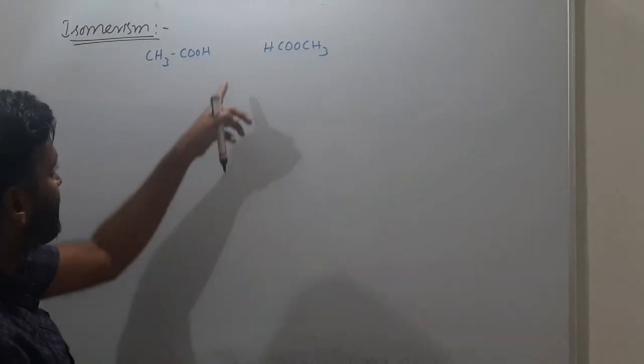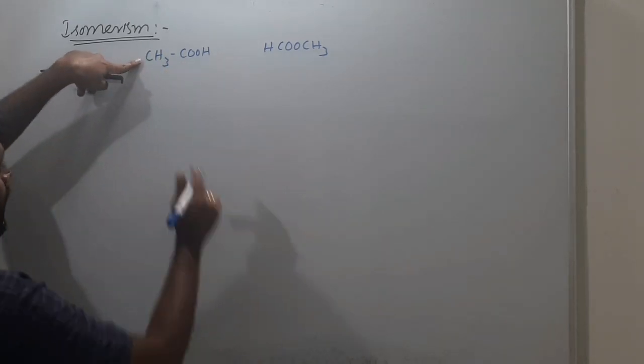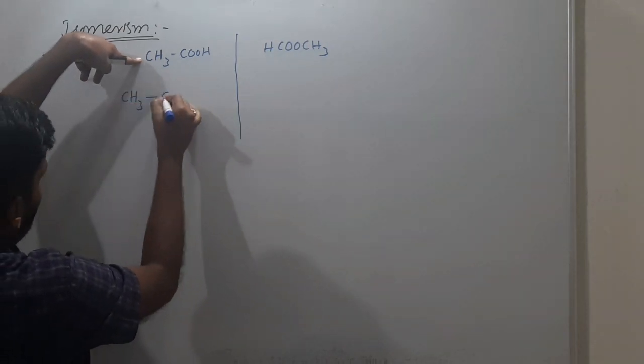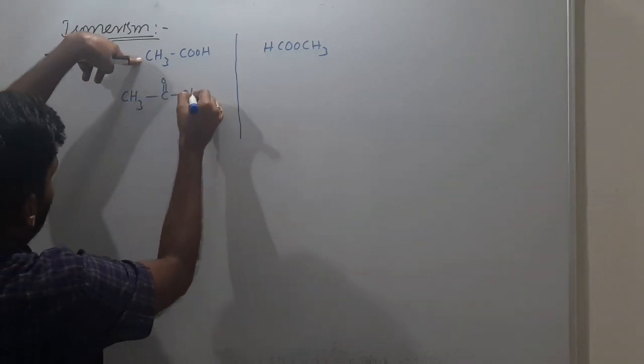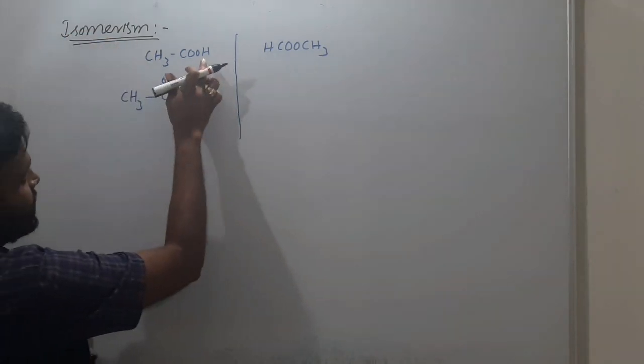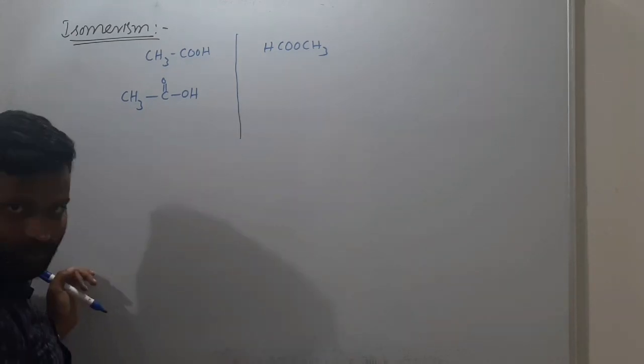I think you are thinking I just wrote it reversed, like an image or mirror image? I'll write the structure so that you can understand. See this: CH3, C double bond O, OH.